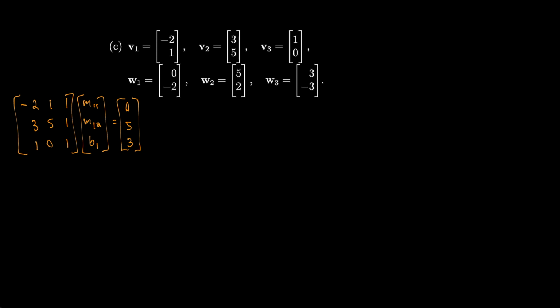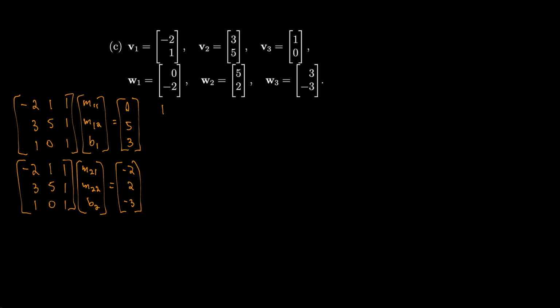And now for the second rows, minus 2, 1, 1, 3, 5, 1, 1, 0, 1 times M21, M22, B2 equal to minus 2, 2, minus 3.